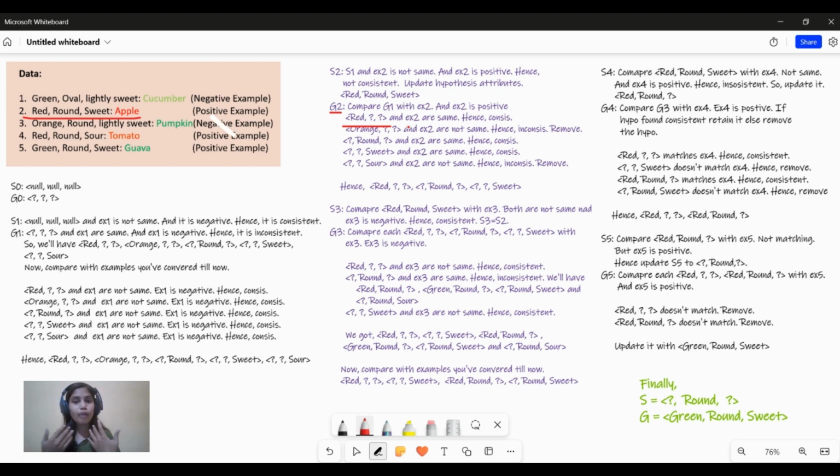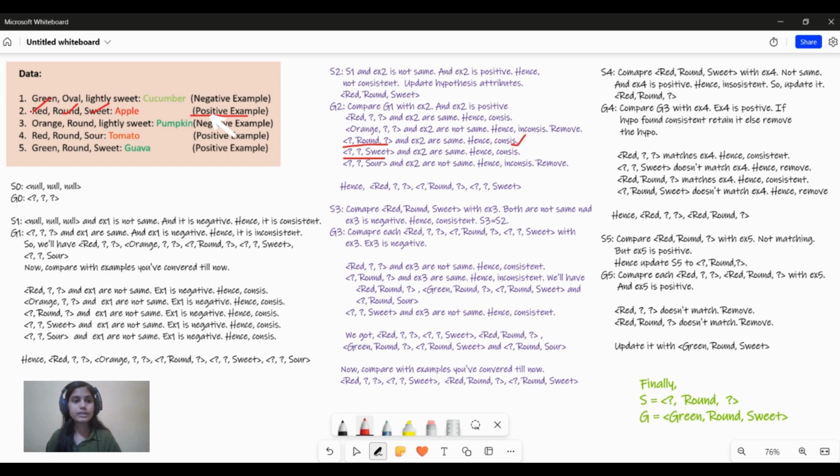That means we want it to be same, and if it is not same, we will eliminate the hypothesis. So that is the concept. And the next hypothesis, orange, question mark and question mark. Orange not same, but the example is positive, so we will remove it. Now the third hypothesis, question mark, round and question mark. This covered and this also covered, and it is a positive example, so consistent.